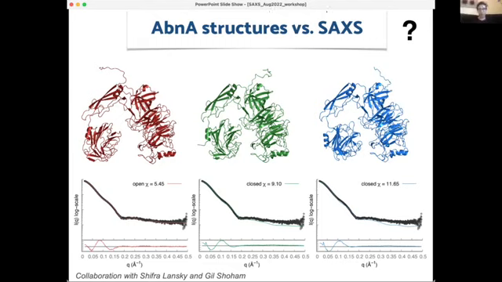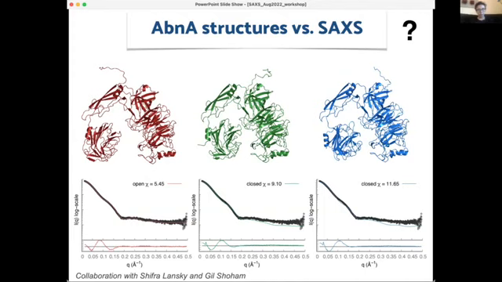Yeah, so we can see that the distance here is shortest between those domains, N-terminal and C-terminal. And here it's probably the largest. Here is something intermediate. So based on those structures, we can say that this is a flexible protein, domains are moving.